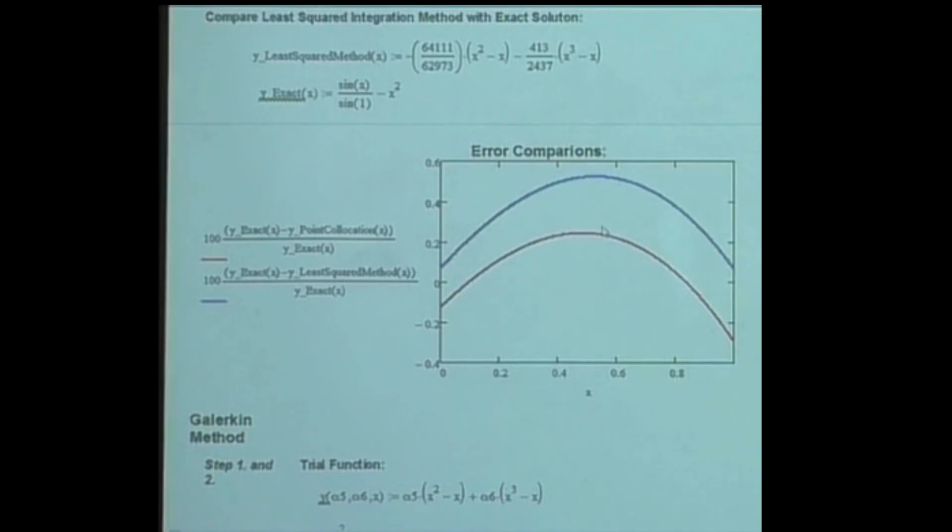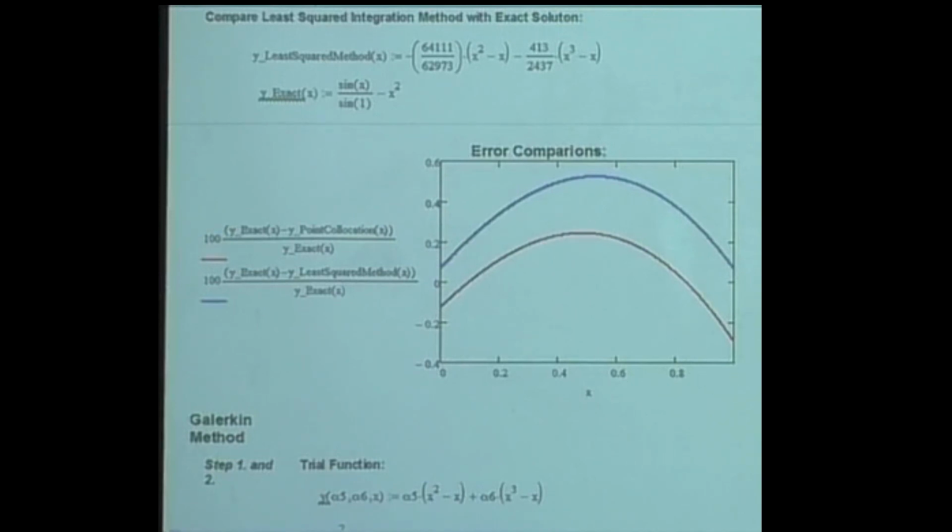Interestingly, in this example, the point collocation, it's the simplest one. You're just saying, let's make the error 0 at these 2 points. That gives a lower error than the least squares. So the least squares is more complicated and not as accurate in this example.